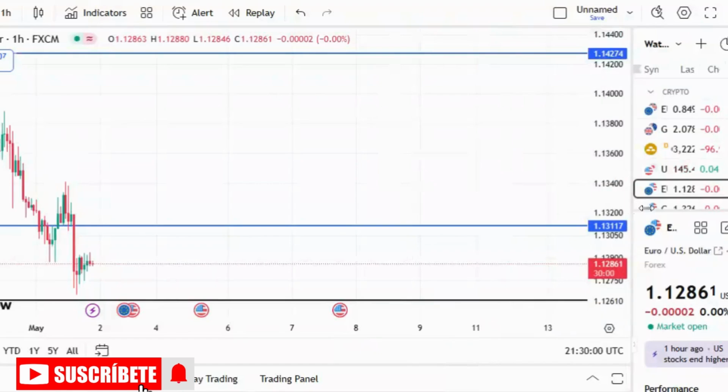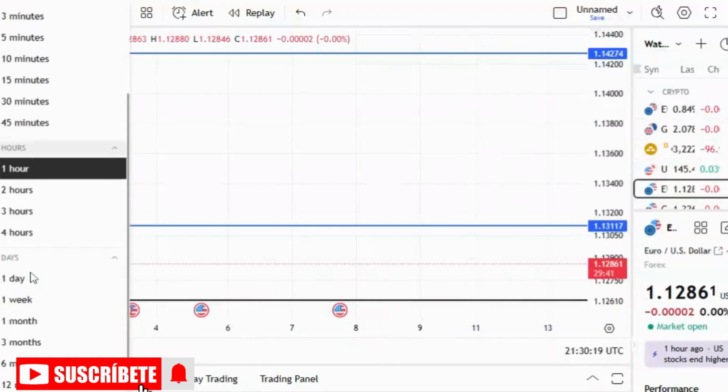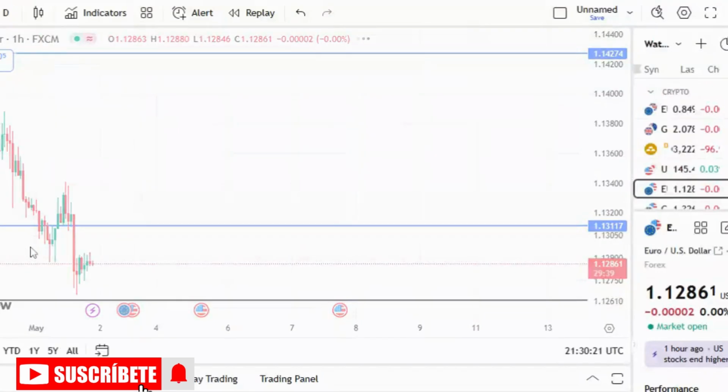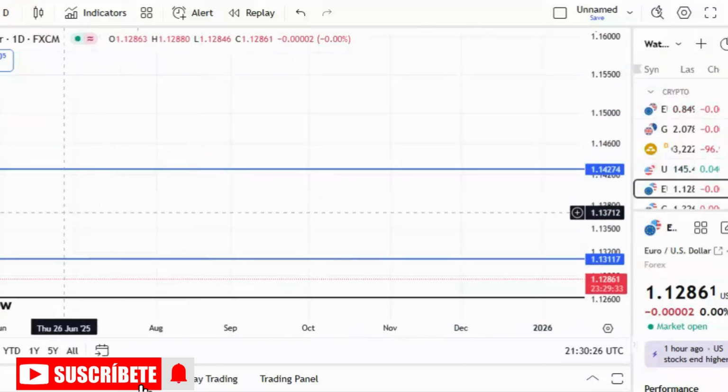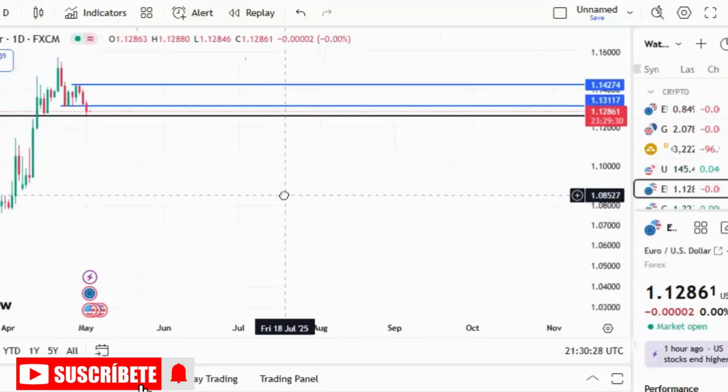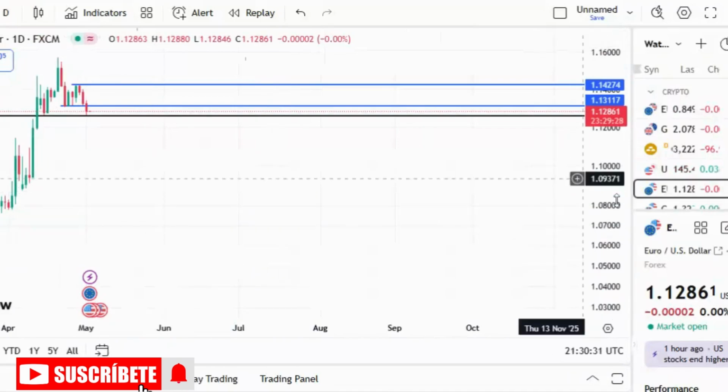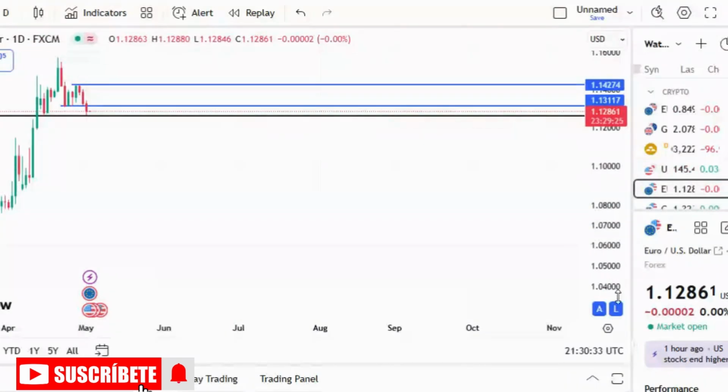So let me see what to do here. We analyzed this Euro USD too. So I'm coming, just give me some minutes first. Let me see what I will do.